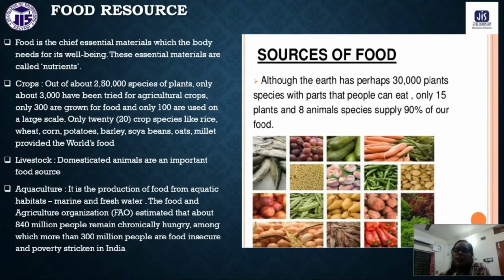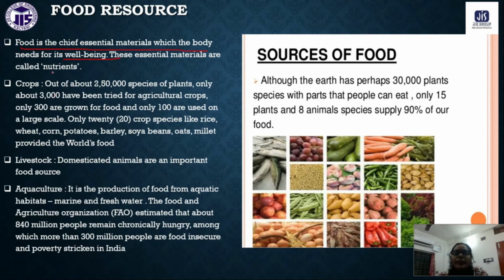Now, food resource. Okay, as we all know, for our activities, for doing some work, we require energy. And who will provide this energy? The food will provide it. Food provides the energy to do the work. Food is a very essential material which the body needs for well-being.